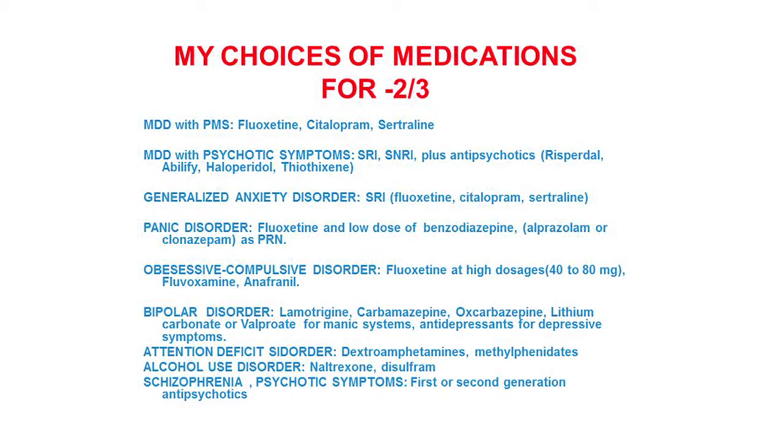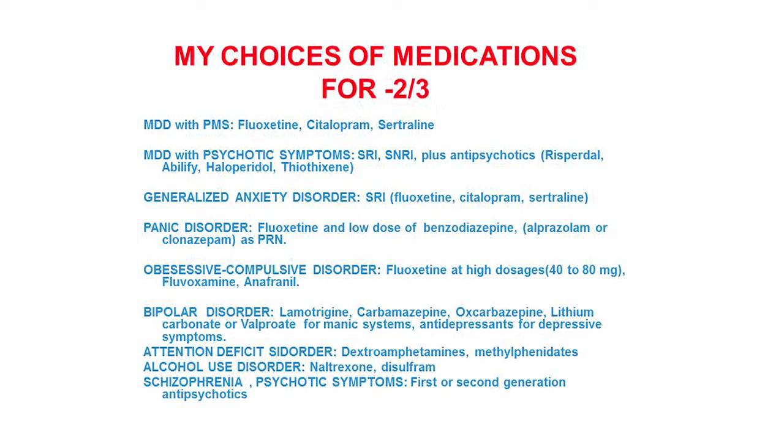Any person who has a generalized anxiety disorder, again SSRIs are the first choices, namely fluoxetine, citalopram, sertraline, and panic disorder symptoms again call for an SSRI plus a low dose of benzodiazepine on an as-needed basis, such as alprazolam or clonazepam. And for patients with obsessive compulsive disorder, fluoxetine at a higher dose, 40 to 80 milligrams, is very well tolerated, and other alternatives are fluvoxamine and Anafranil.